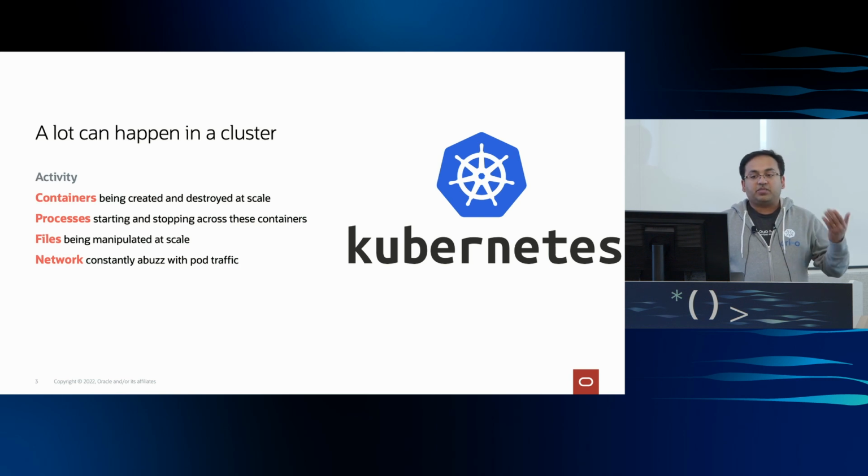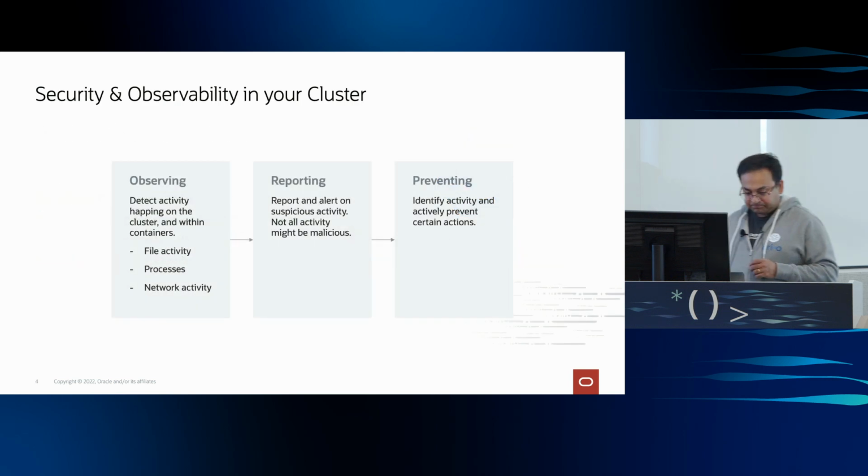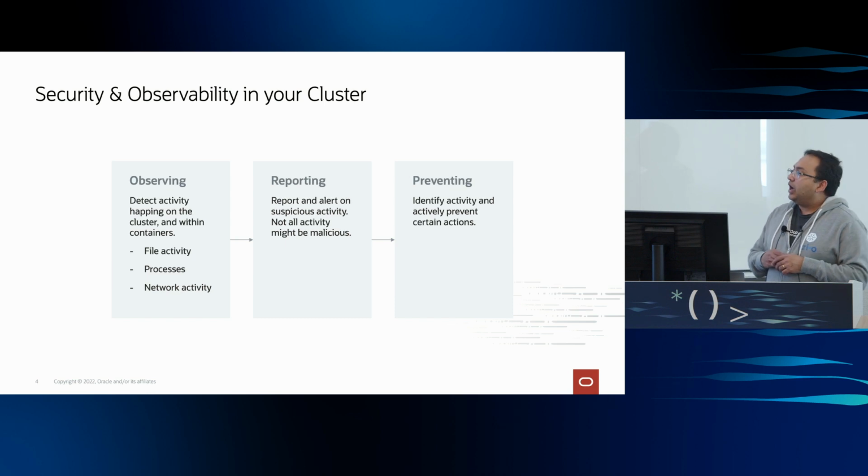So there are a lot of perimeter security measures that you can apply, but even then, to identify bad actors within your cluster, it would be important to understand what kind of network activity is happening inside your cluster.